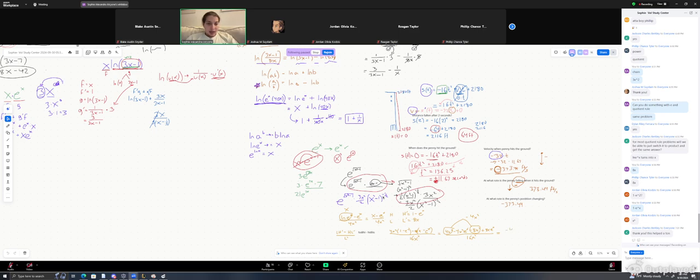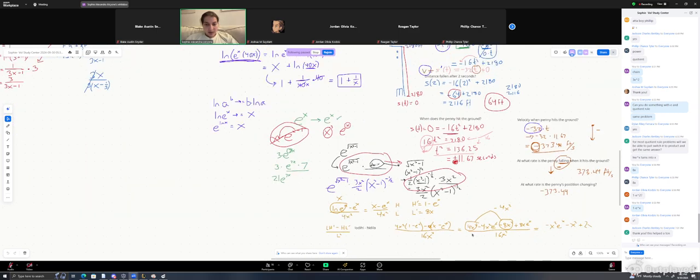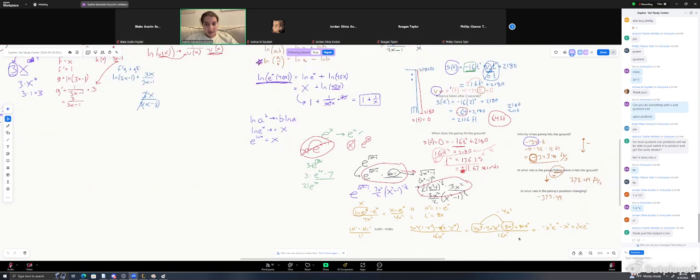That's going to look like negative x squared e to the x minus x squared plus 2x e to the x, all over 4x to the fourth.